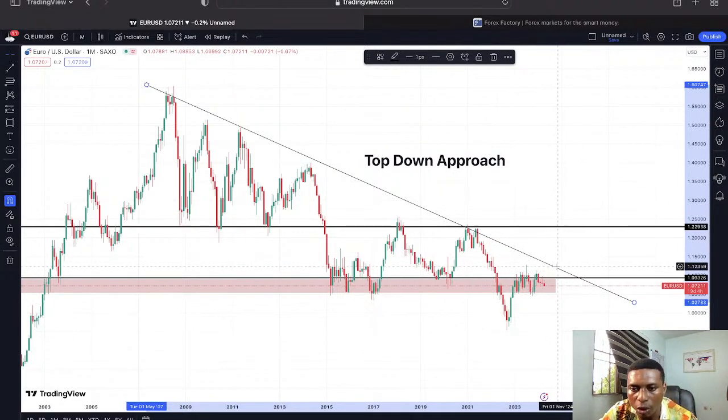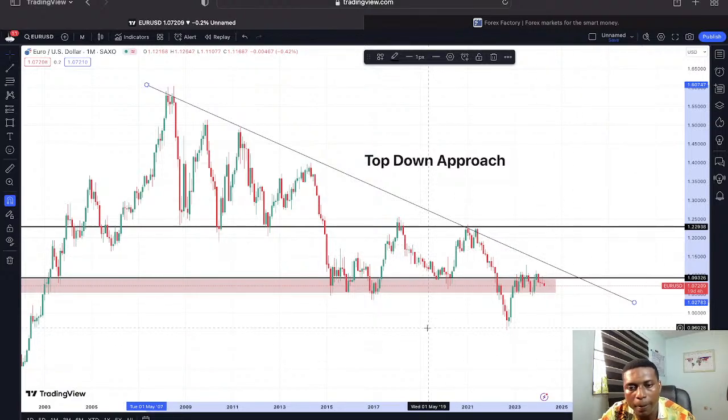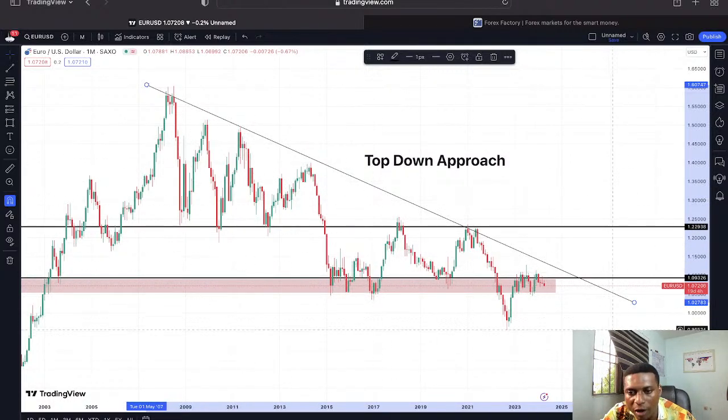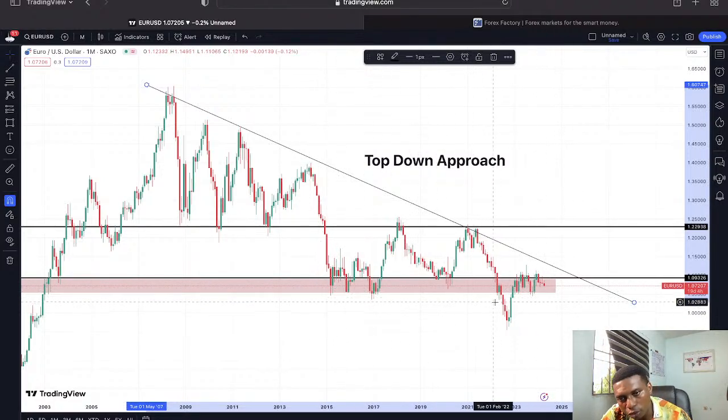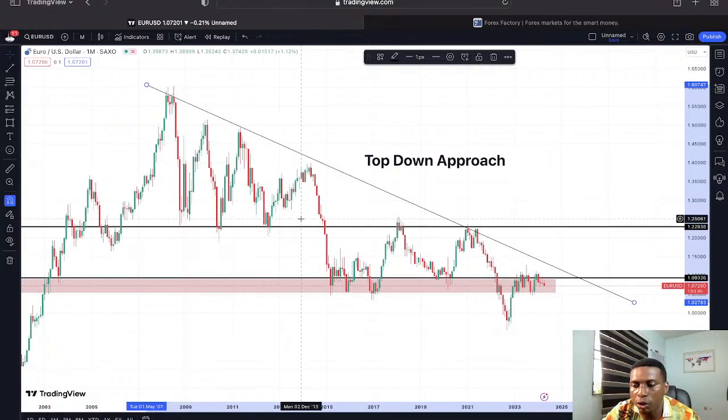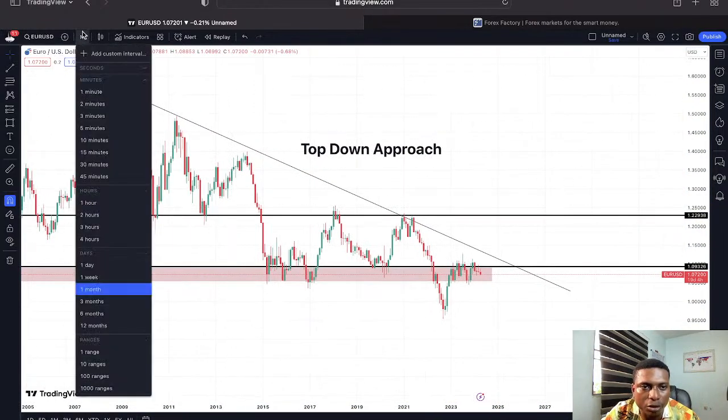Now this is also important for us to note. Looking at the overall market, this level here is acting as a very strong support zone, where we see price trying to consolidate and gain momentum before pushing upwards.